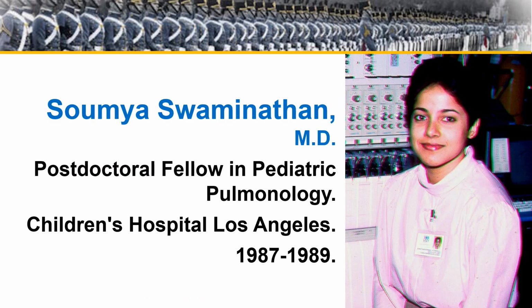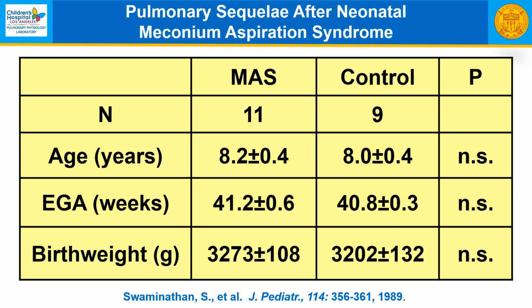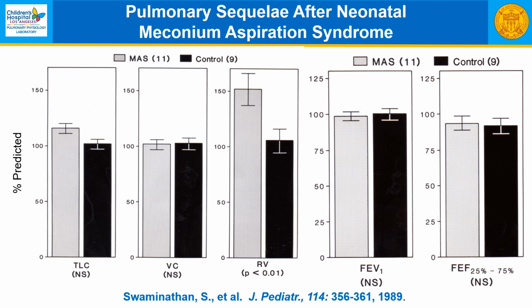Soumya Swaminathan was a pulmonary fellow here, 1987-89. She looked at 11 children, age 8, who had meconium aspiration syndrome as neonates, compared them to 9 controls. They actually had similar gestational age and birth weights. And in her case, total lung capacity, vital capacity, not different.